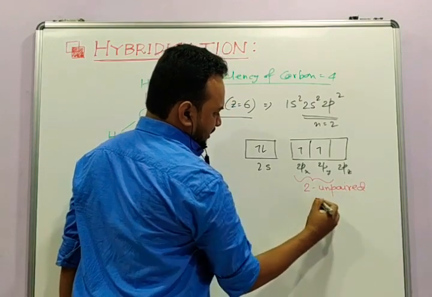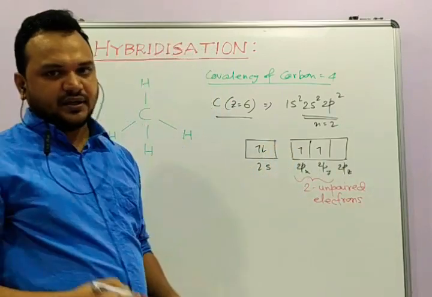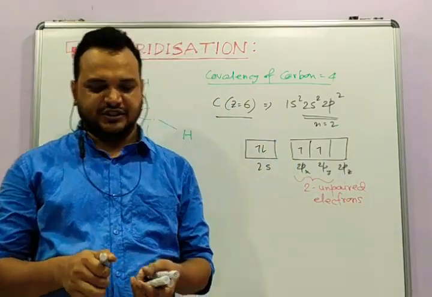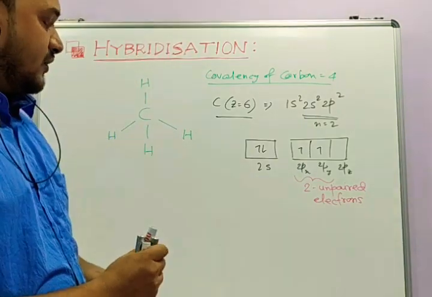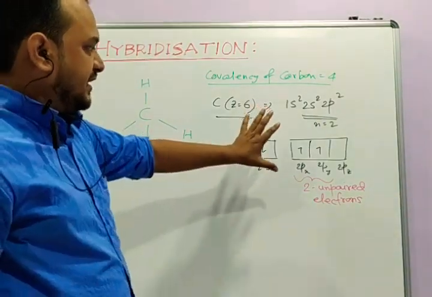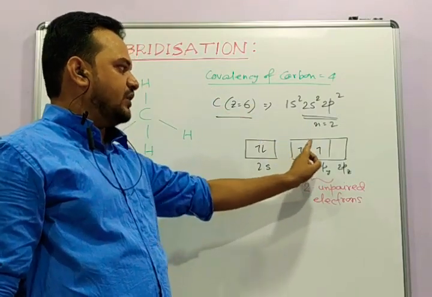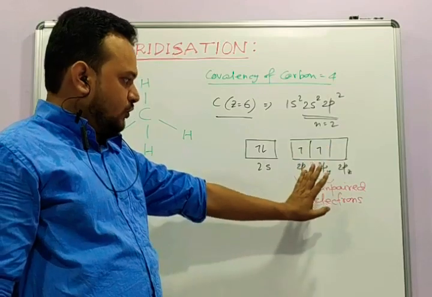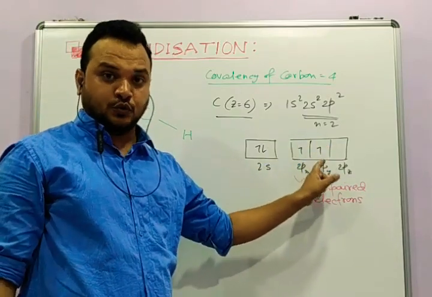And these unpaired electrons of the valence shell are actually responsible for the covalent bonds, for the valency. So it is expected that the covalency should be 2.